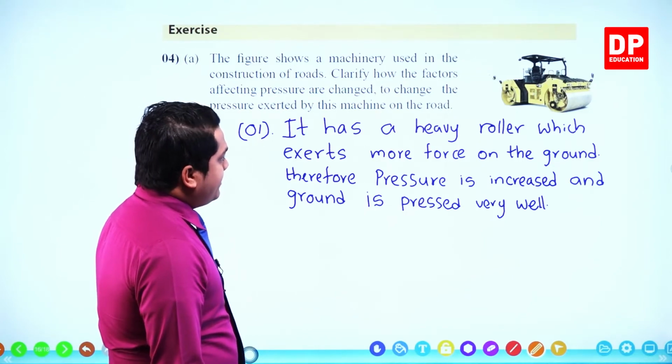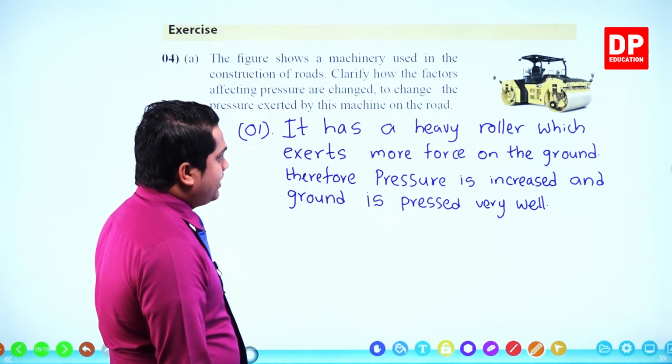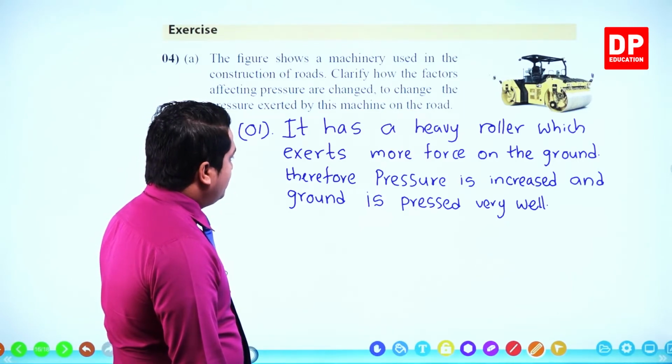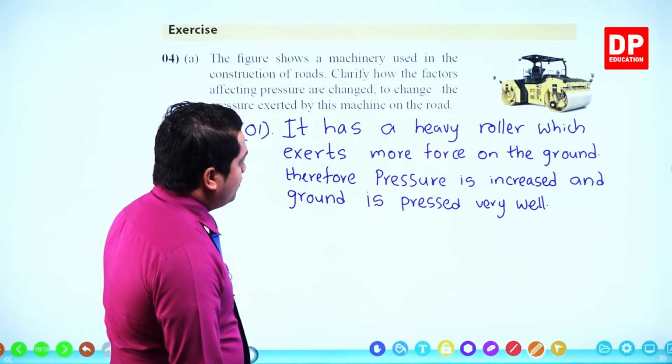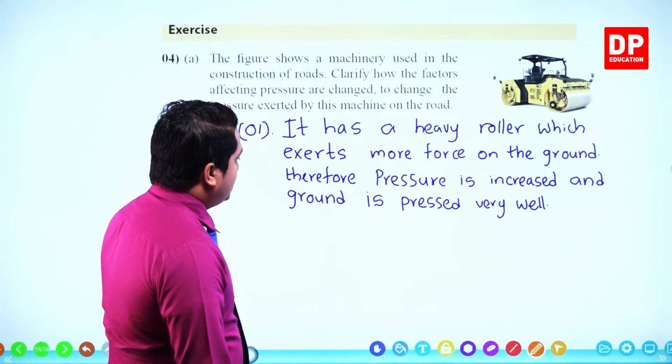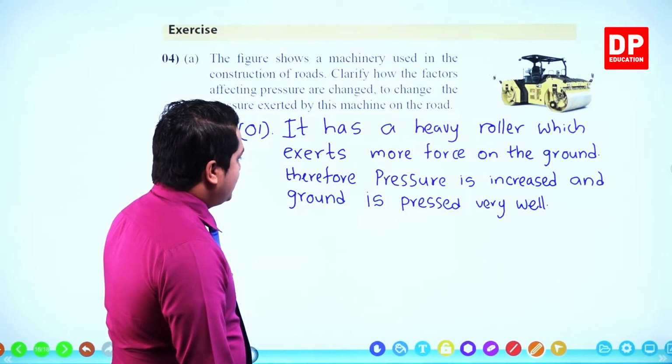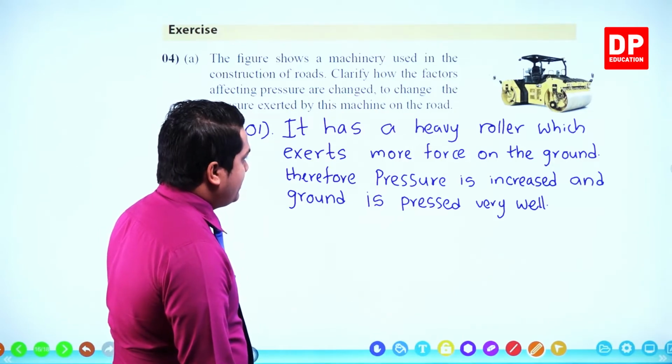So it has a heavy roller which exerts more force on the ground. Therefore, pressure is increased and ground is pressed very well.